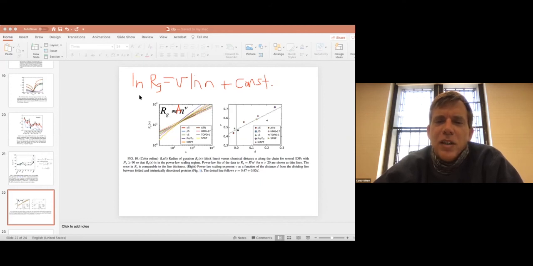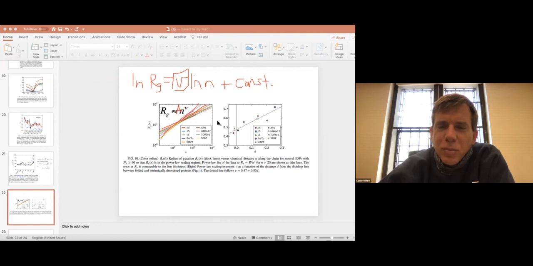And so if something obeys this equation, then it looks like a straight line on a log-log plot, where the slope of the line is the value of nu. These lines roughly look like straight lines, and they have certain slopes.